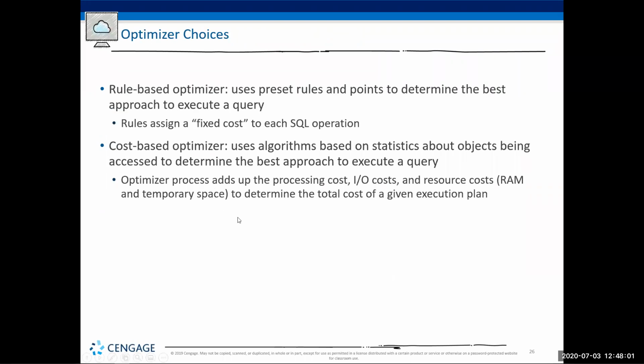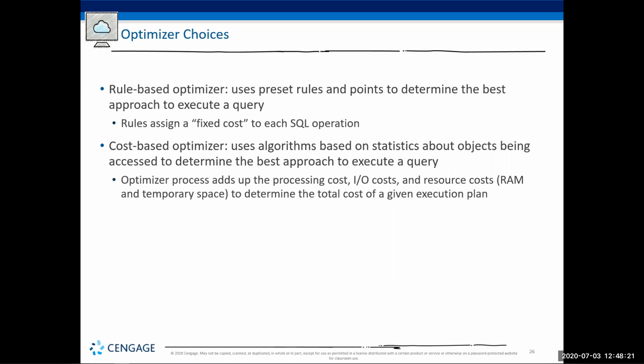So choices, rule basis versus cost basis. The database has to choose what index it uses and how to perform the operations. When it does that, there are two choices.